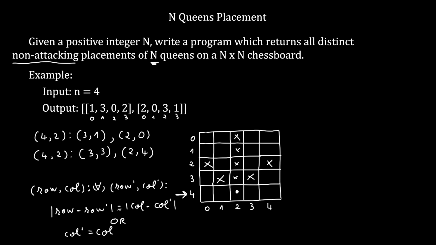And if none of these two happen, this means that my queen won't attack that specific queen. If for all the queens, none of these two happens, this means that I can definitely place a queen there. It's going to be fine. No queen that is placed at this point is going to attack another one, and I can move on to the next row and see what I place there.